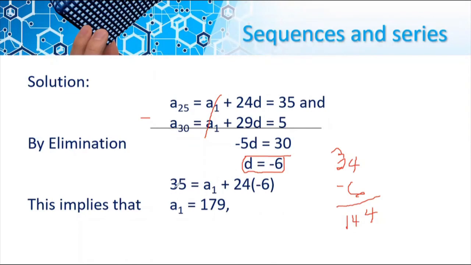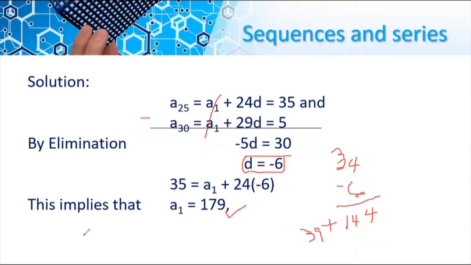Tapos, meron pa tayong 35. Kaso dadali mo yan, yung negative 144, pag dinala mo na sa left side, magiging plus na. Plus 35. Okay, so 144 plus 35, that is 179. So, check na tayo sa first term.